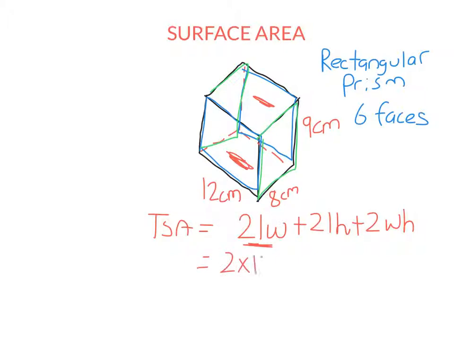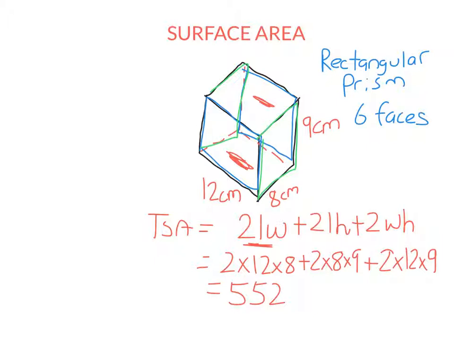Then there are 2 rectangles on the sides that are length times height, so 2 lots of 8 times 9. And then of course there's the front and the back, both 12 by 9. This is how we'd figure out the surface area of this rectangular prism. If I've done this right in my head, it's 552. The units are square units because we're talking surface area.